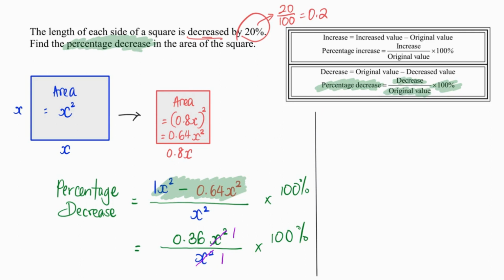So we are actually left with 0.36 multiplied by 100. And that will give us the required percentage, which is in this case 36% decrease in the area of this square.